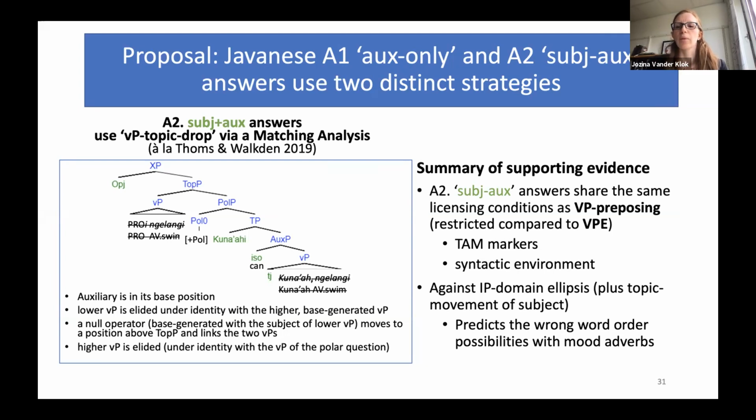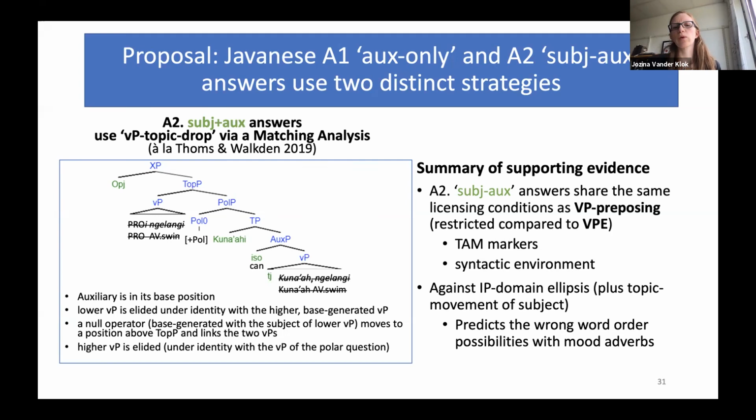In support of this analysis, subject auxiliary answers share the same licensing conditions as VP preposing, which are the distribution of TAM markers, as well as the restricted syntactic environment. And these are both restricted compared to verb phrase ellipsis.